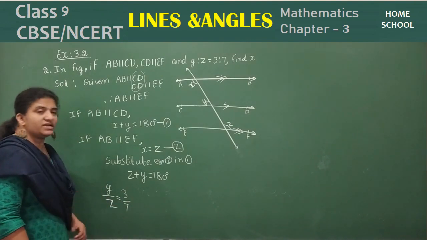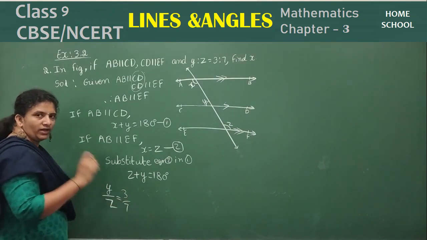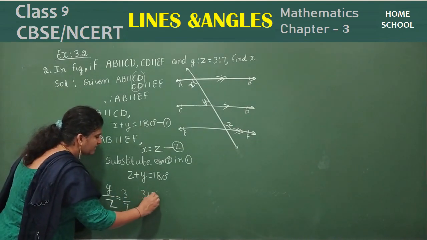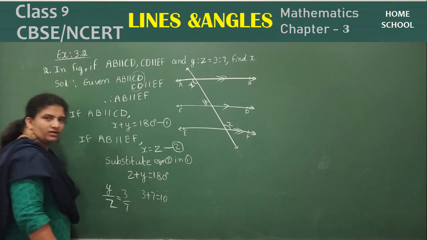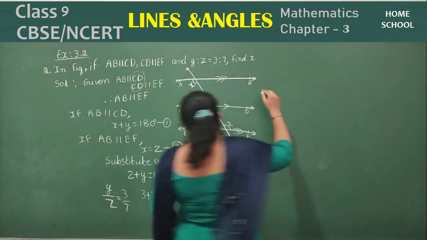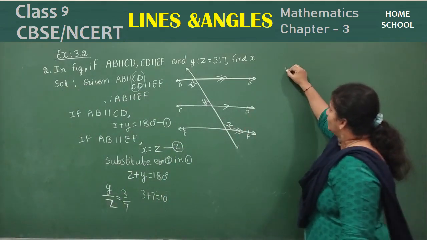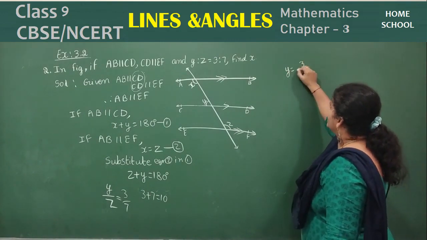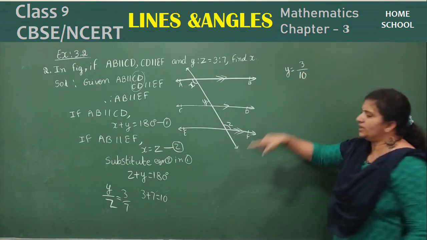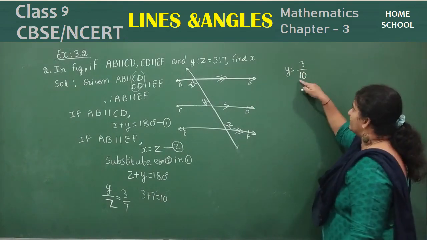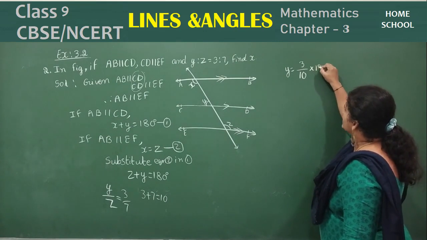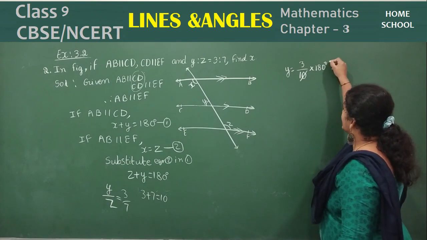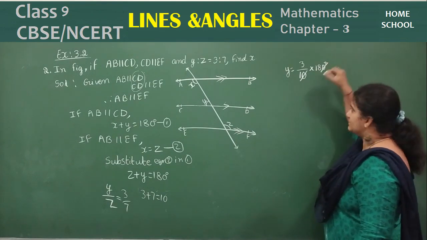So now I need to divide by these ratios. Let me add the ratios here. 3 plus 7 is equal to 10. I have to apply the formula here to find y. y is equal to the ratio they have given, 3 by the total sum of the ratio, 3 plus 7, 10, into the total angle, which is 180. The zeros cancel.